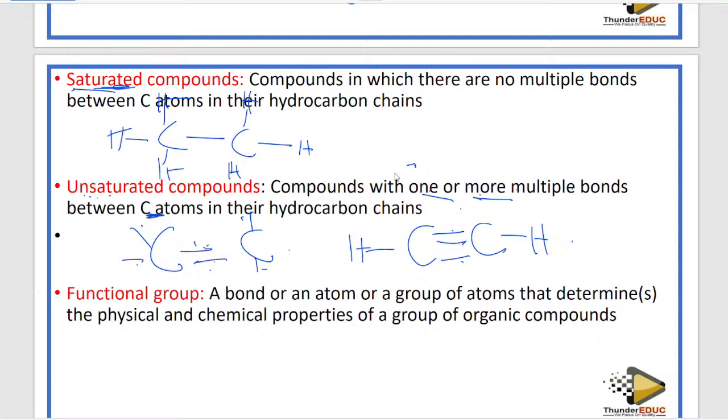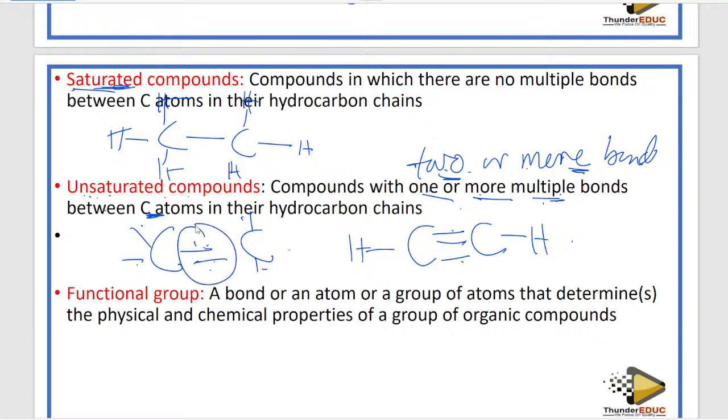Okay, it's back. It has 2 or more bonds between carbon atoms.